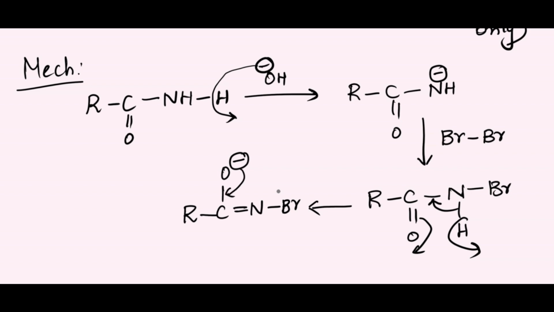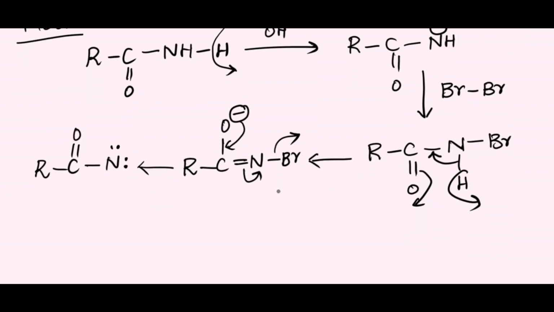So if that is coming in, nitrogen should take up the electrons. If Br is also leaving the compound, then it becomes C double bond O, N with the electrons.